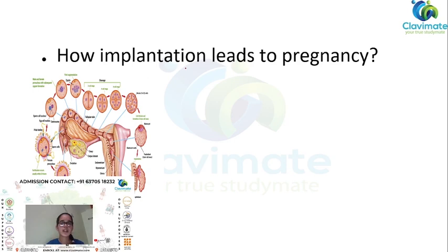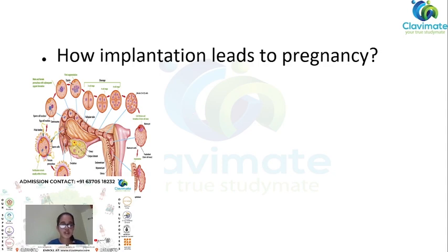So, how implantation leads to pregnancy. As you can see in the diagram, this is the fallopian tube, and this is the ovary. As you know, after the fusion of sperm with ova, fertilization occurs and then the zygote forms.